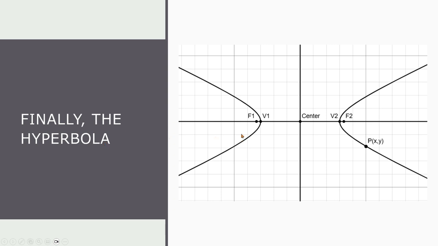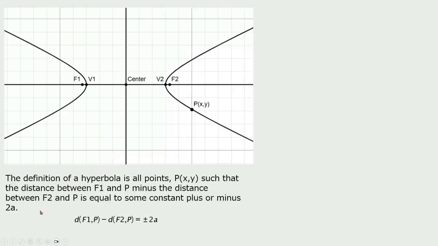Okay, the hyperbola. It's kind of cool looking. The hyperbola is what you get if you flip an ellipse inside out, if you want to think of it that way. It goes on forever in both directions. The definition of a hyperbola is all points P(x) such that the distance between F1 and P and F2 and P subtract to some constant.